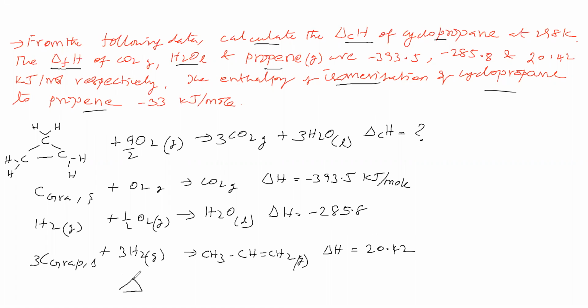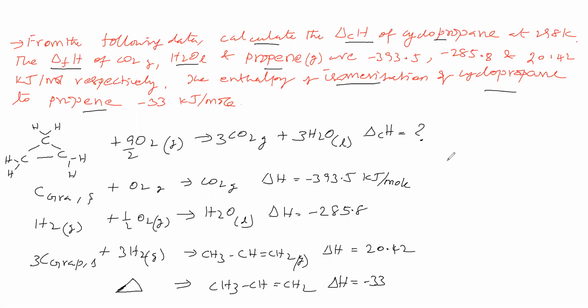Cyclopropane, this triangle symbol, is converting into propene. It is called isomerization because the molecular formula is the same, structures are different. For this, delta H is equal to minus 33 kilojoule per mole.